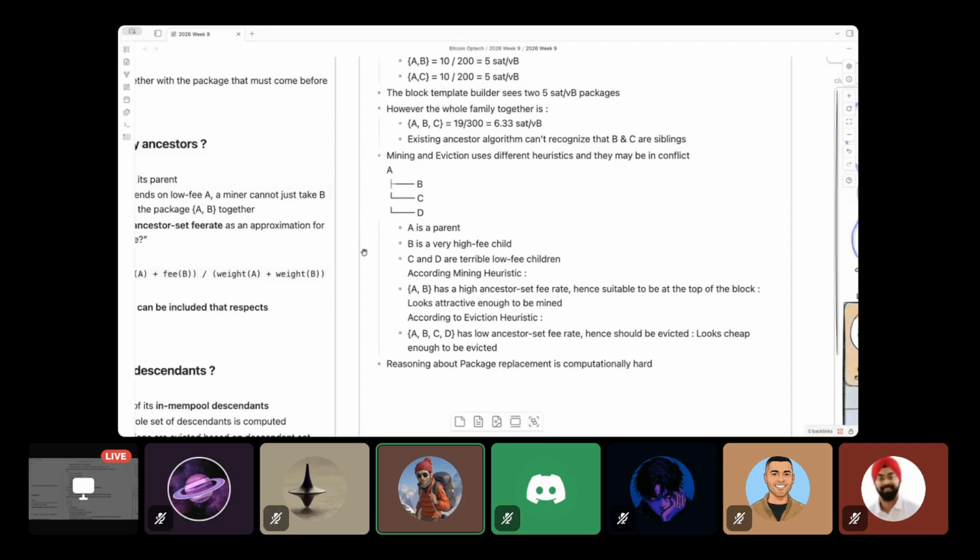So this is an example where at one end, a set of transactions qualifies to be removed, but on the other end, if you look at the relationship, this set of transactions qualifies to be mined. So at times the mining and eviction heuristics can clash with each other.